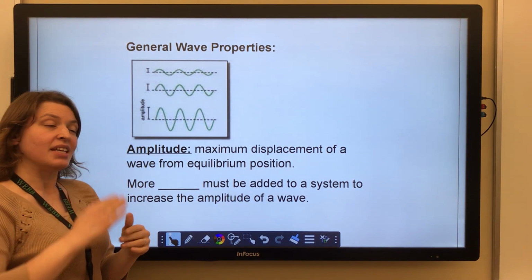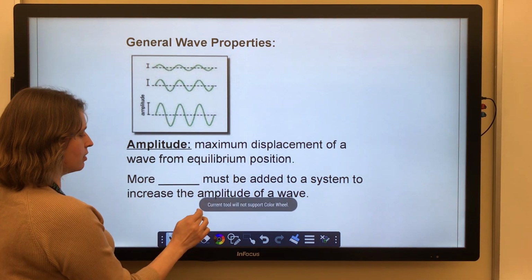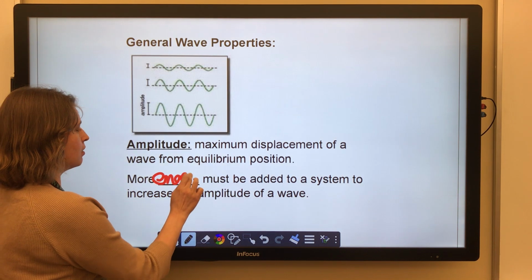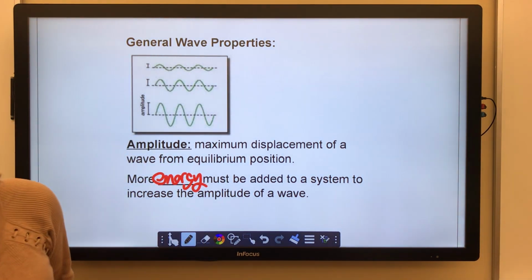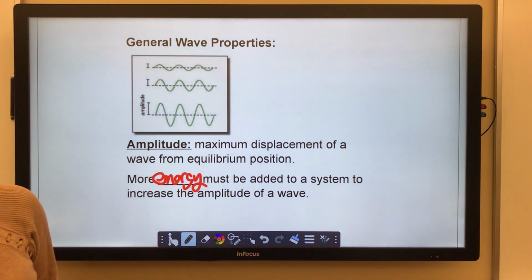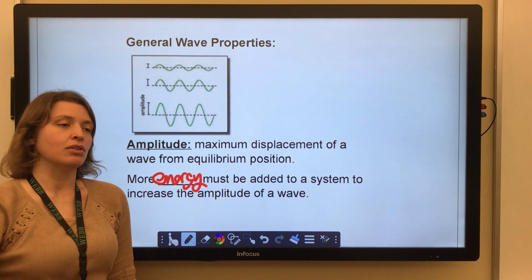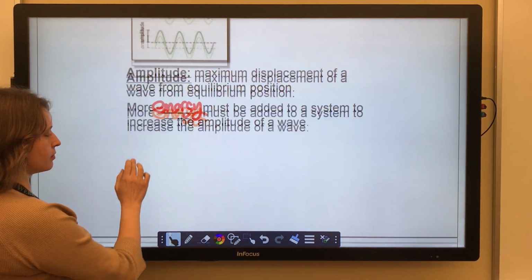In order to increase the amplitude of a wave, we need more energy. So the amplitude is going to be related directly to the energy associated with the system. In order to make something oscillate up and down at a higher amplitude, you need to add extra energy into the system.